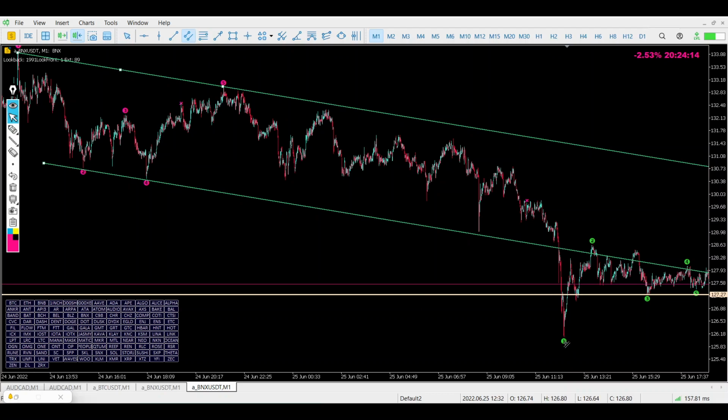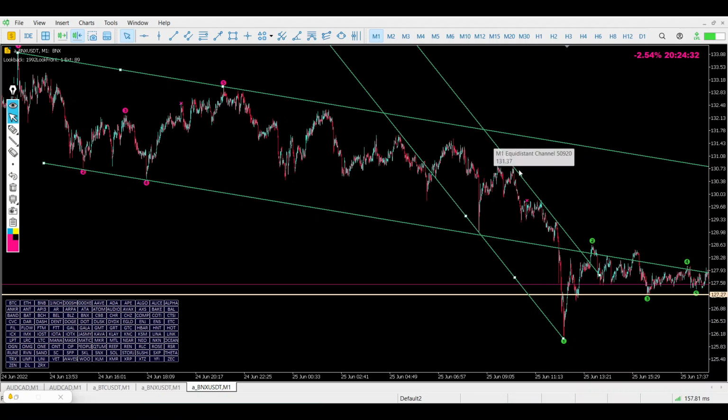So when it gave the breakout, if I connect this point to the recent low point, and if I connect this point to this, what you find is the channel has been shifted, the angle of the channel has been shifted.